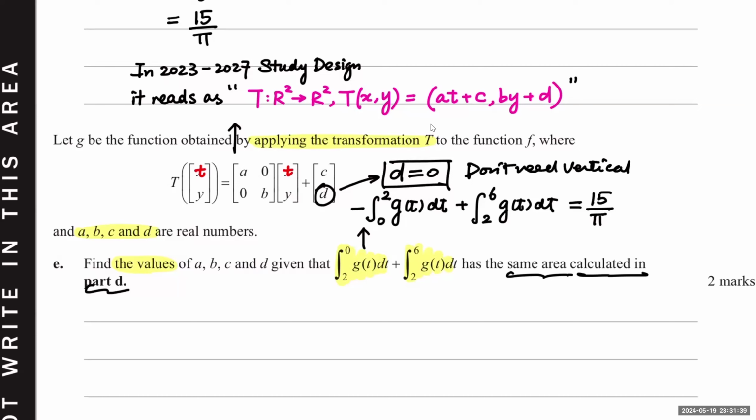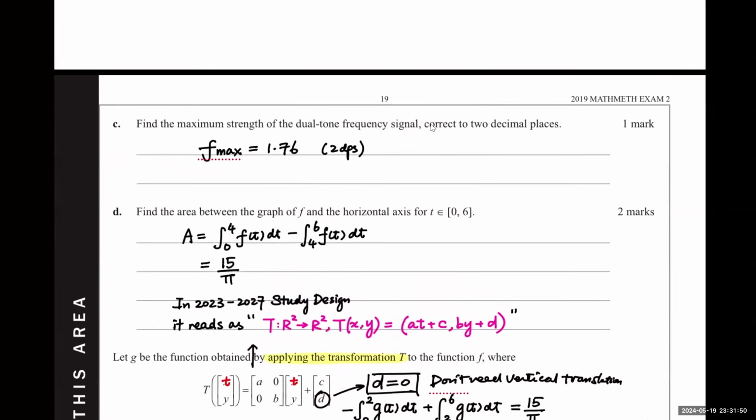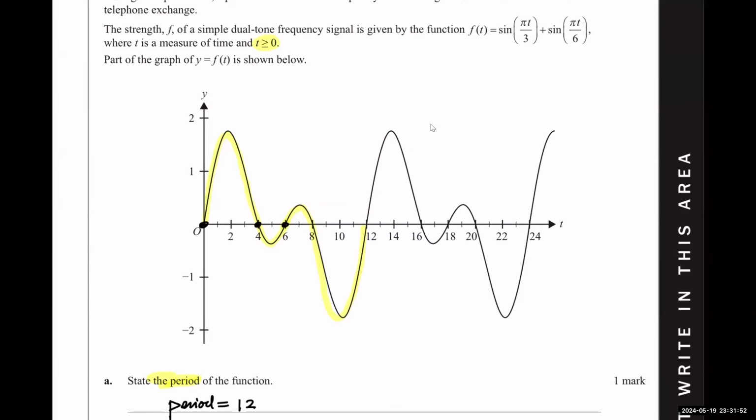And then we start to think about, okay, how do we match the area? You can see in the original exam booklet, they provide you a relatively large diagram. But it only provides you some sort of positive bit.